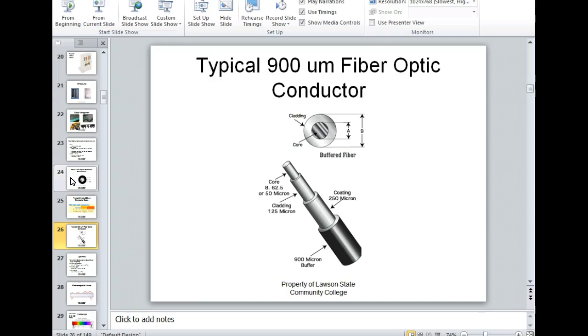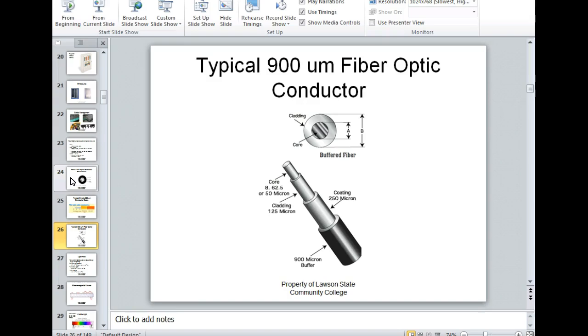That's the conductor itself. Then we put an outside buffer on it. The actual conductor buffer, we've got two types. We've got what we call a tight tube or tight buffer, and then we have what we call a loose tube or a loose buffer.